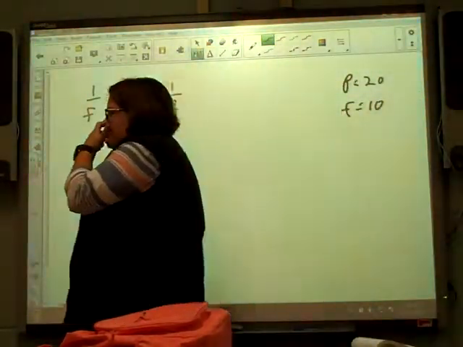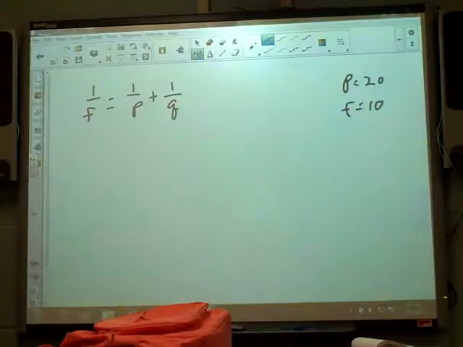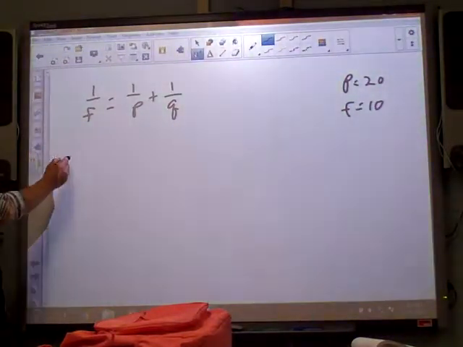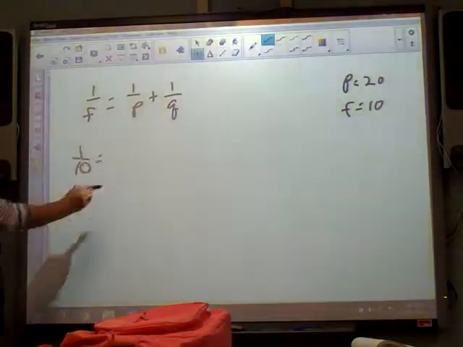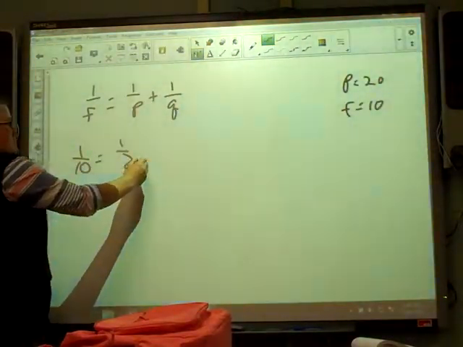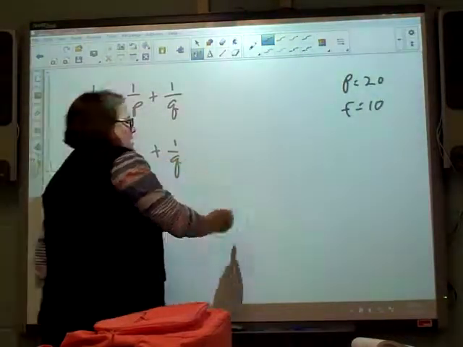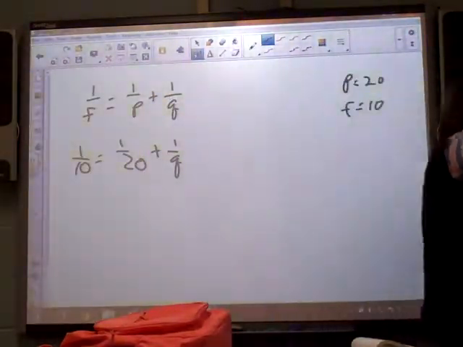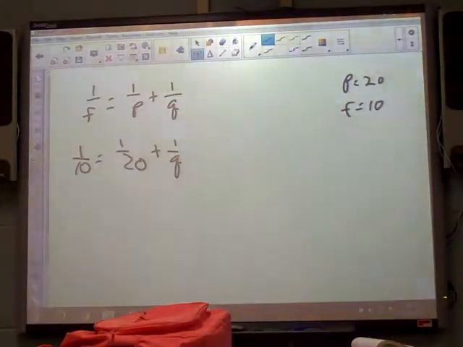Okay? So first thing we need to do, we're just going to substitute this stuff in. So I've got 1 over F, so 1 over 10 equals 1 over 20 plus 1 over Q. Now this problem becomes the exact same type of problem that we did yesterday. We got to figure out what the common denominator will be and then multiply by that to cancel all the fractions out.